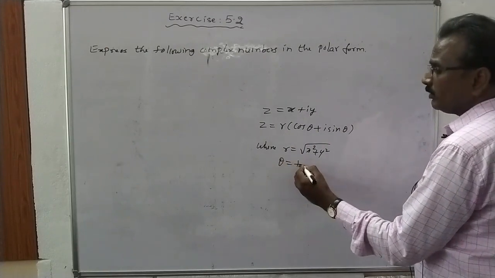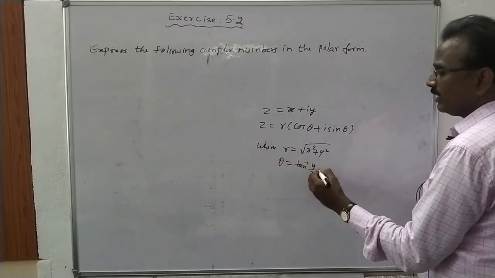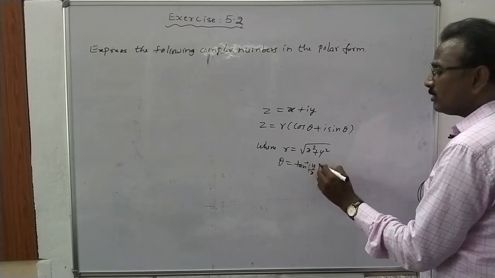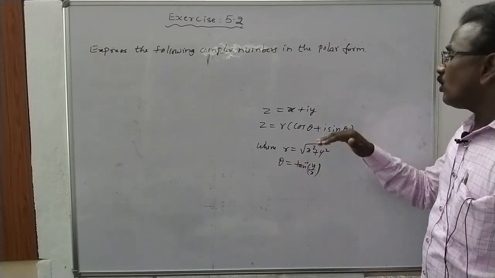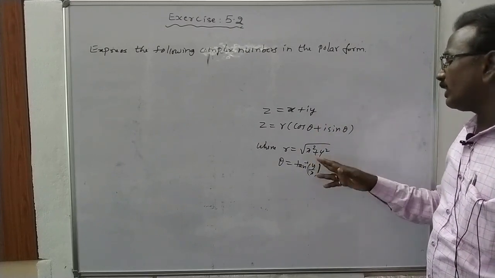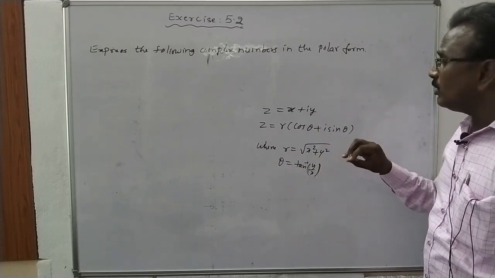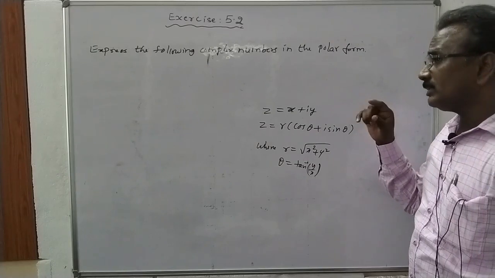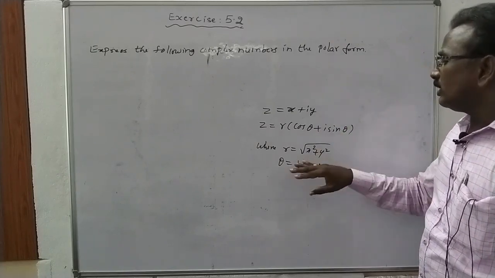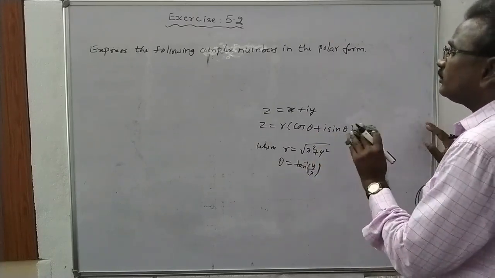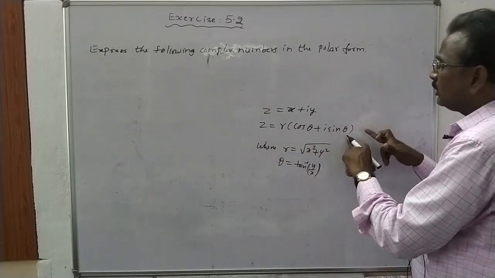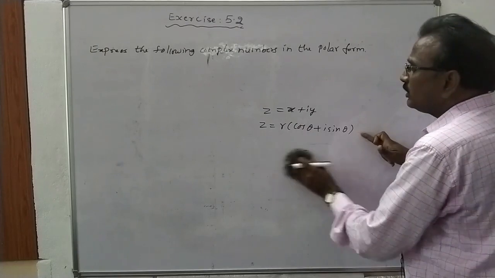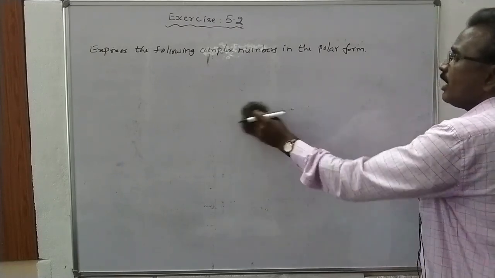Theta is equal to tan inverse y by x depending on the quadrant. If the complex number lies in the first quadrant, theta is equal to tan inverse y by x. Depending on which quadrant the complex number lies in, theta may change, right? So z is equal to r into cos theta plus i sin theta is the polar form, in which r is modulus and theta is the amplitude.